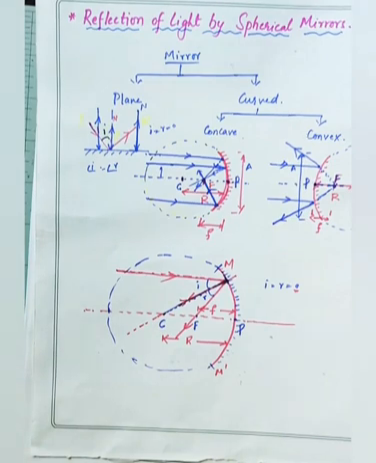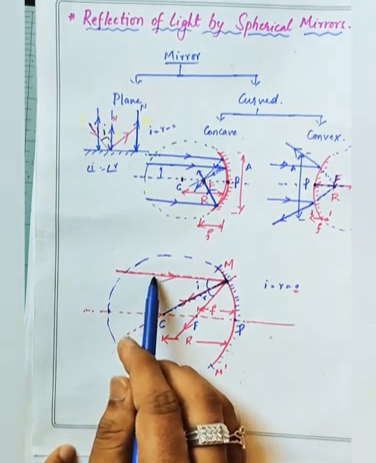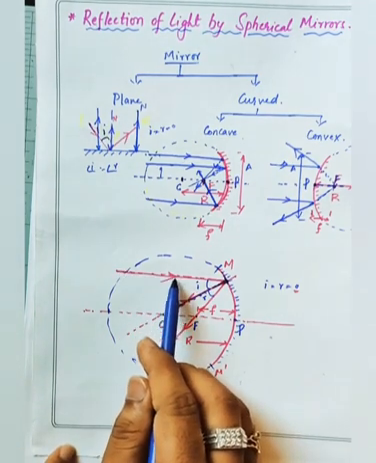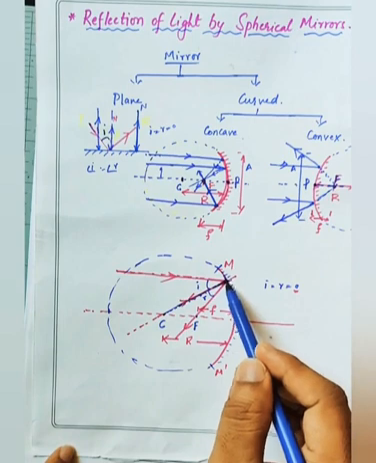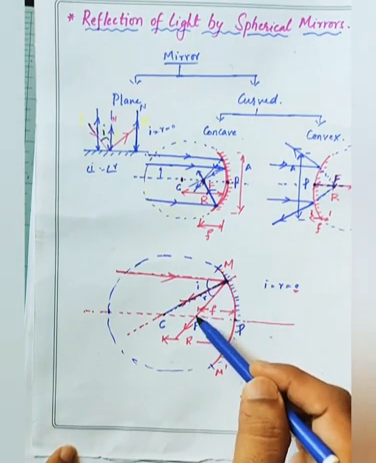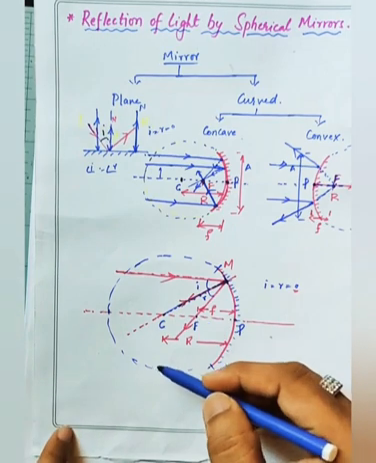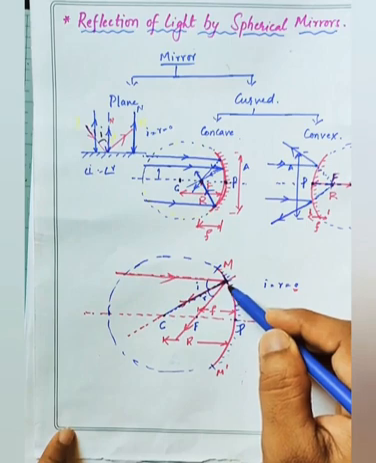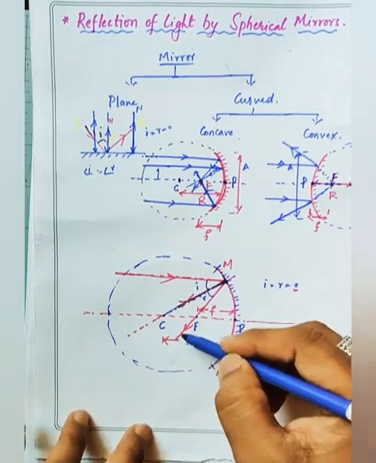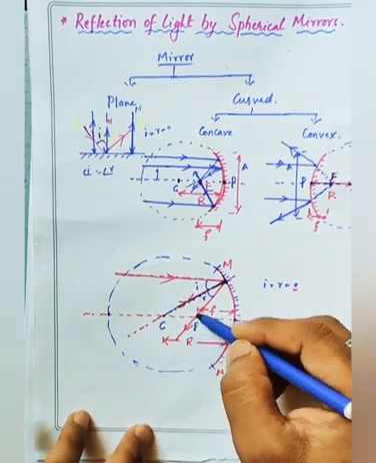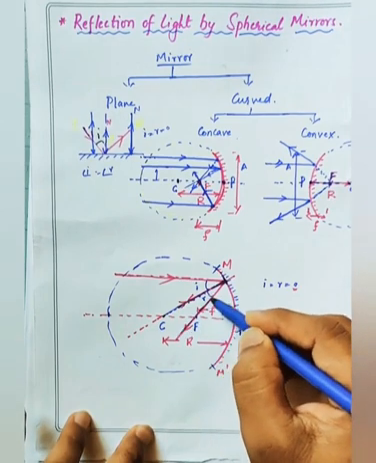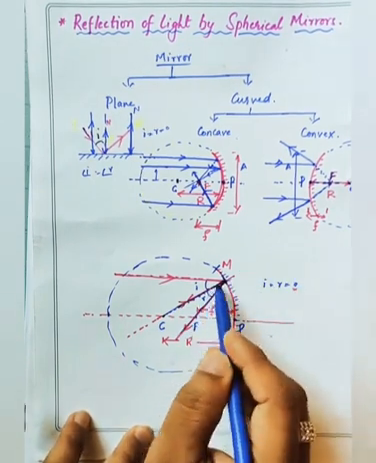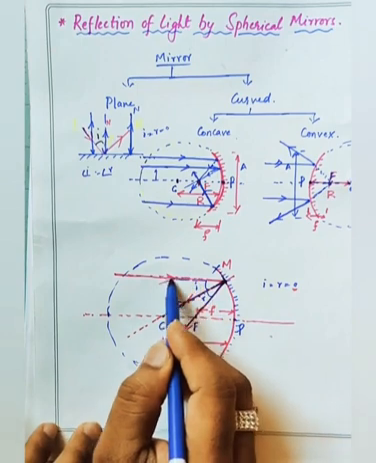Let me add one more point. You might get the question: suppose the ray, after striking the surface, is coming and passing through this F. Now if the ray is passing through F and striking the surface, will it be straight like this? Yes, obviously. Once it strikes the surface, it will go back like this.